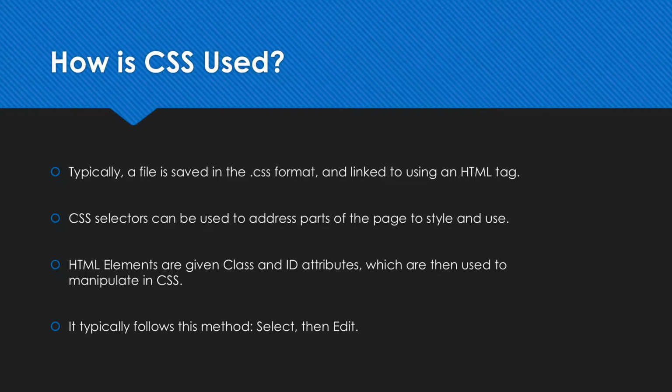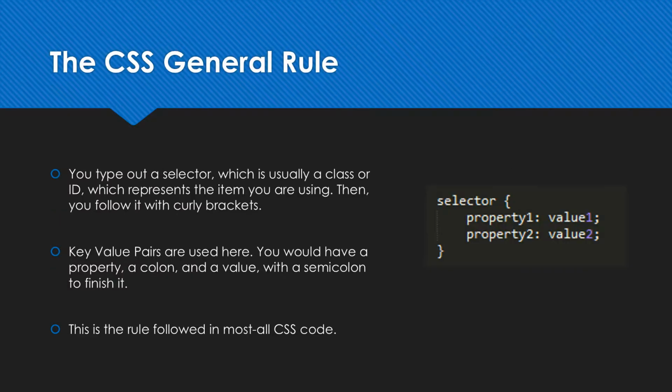We're going to be going over this in detail in the next few slides, but I'm giving you a brief introduction here. HTML elements are given class and IDs, which are attributes, and these attributes can then be used to manipulate the CSS. So the CSS can manipulate the elements. Again, we're going to be talking about it in the next few videos. It typically follows the method: select the element and then manipulate it.